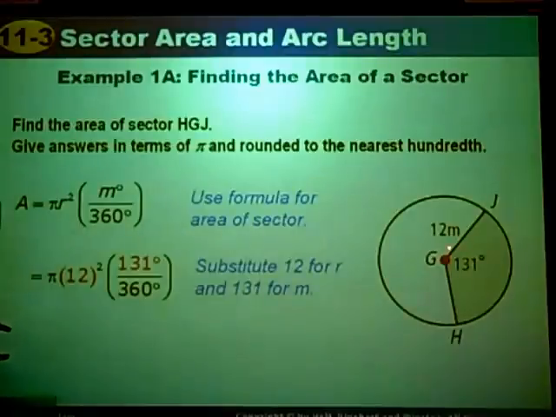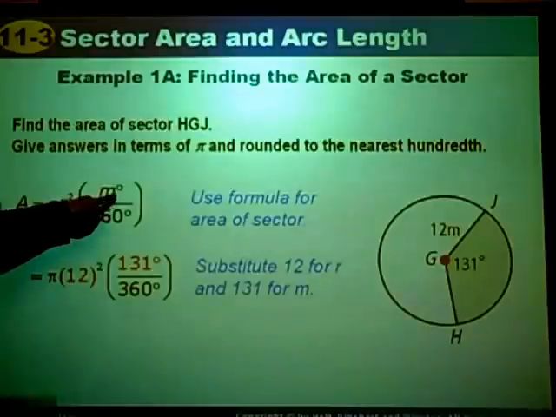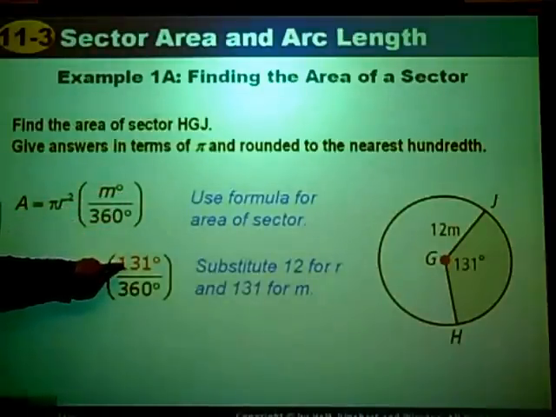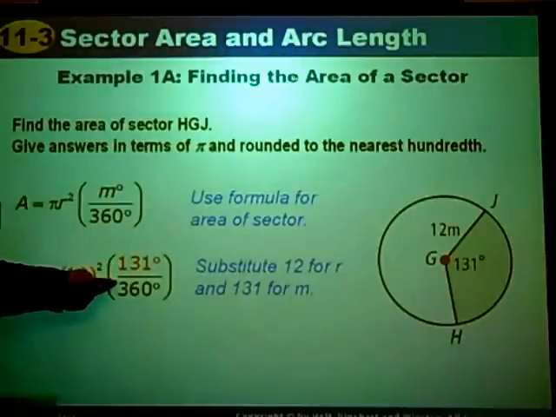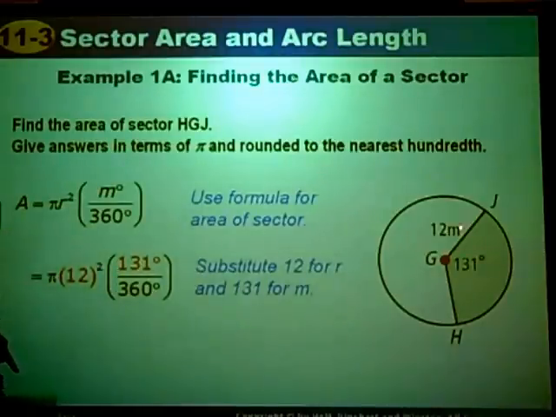And I see my radius is 12, so that's what I'm going to put in here. Notice this measure has a little degree symbol, so when you're looking for the degree, that always goes over the 360. The radius won't have a degree. That's just a length that goes from the center to the edge.